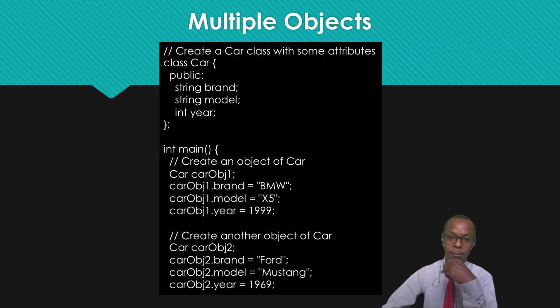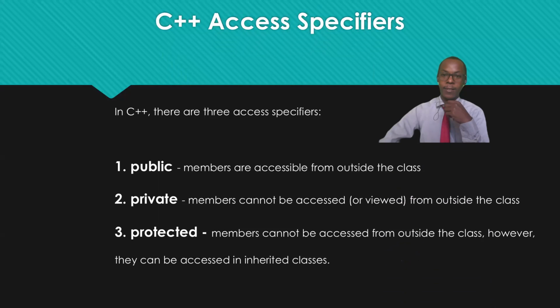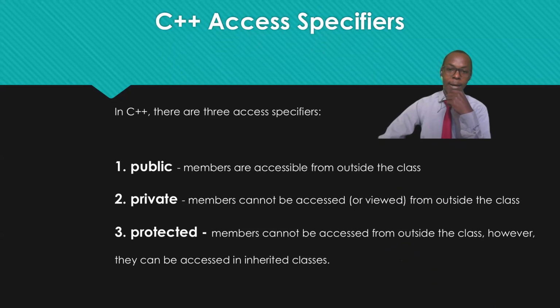You can access them privately. The public can be accessed outside of the class. Private cannot be accessed or viewed outside of the class. The protected can be accessed outside of the class, but only by the inherited class. Protected is used in inheritance.